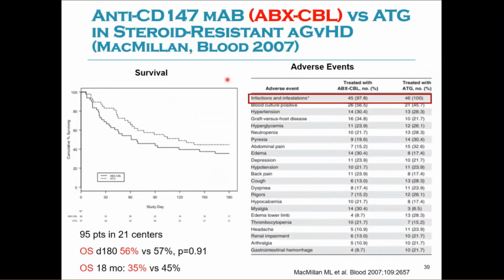The one is the study by Macmillan published in 2007, where they studied the treatment with anti-CD147 monoclonal antibody called ABX-CBL versus the treatment with ATG in steroid-resistant acute GVHD.